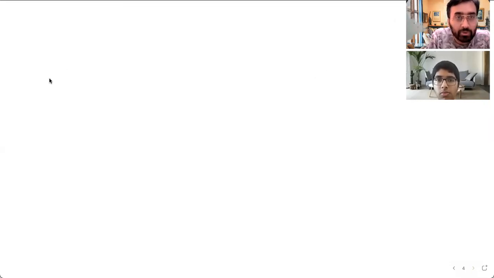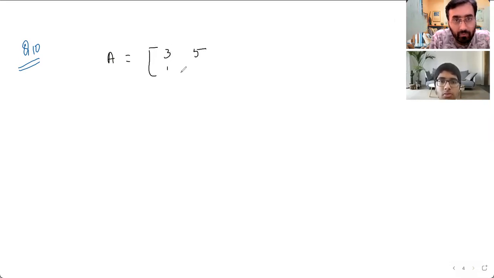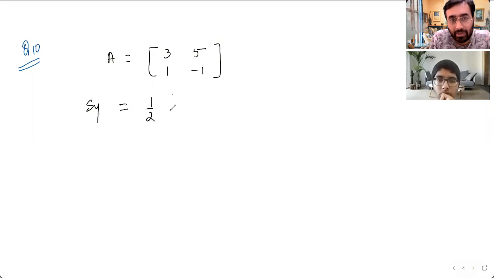We have to see question number 10. In this question, we have to express the following as a symmetric and a skew symmetric matrix. So the formula, if a matrix A is given as 3, 5, 1, and -1: for a symmetric matrix, the formula is 1/2 (A plus A dash).